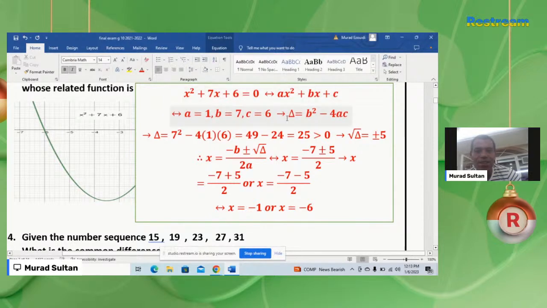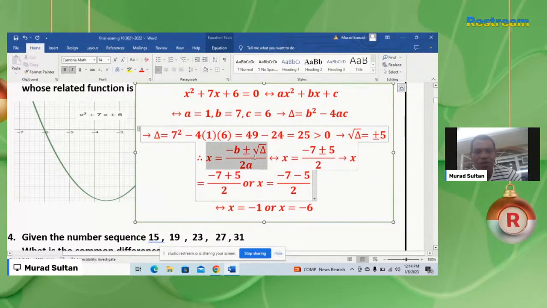The value of the discriminant will be 7 squared, minus 4 times 1 times 6, which is negative 24, and 7 squared is 49. The difference between both numbers gives you 25, which is greater than 0, so we will get two distinct roots. Therefore, the root of delta is plus or minus 5.